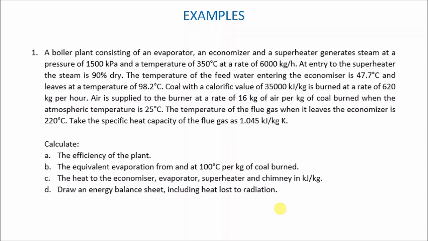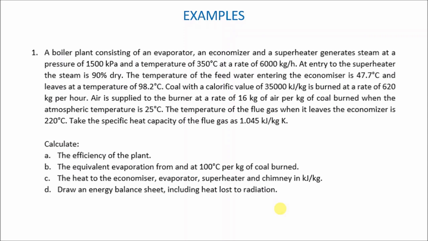So the pressure of 1,500 kilopascals is P4, and the temperature of 350 degrees Celsius is TSUP. In fact, if you go on your steam tables and check the saturation temperature for 1,500 kilopascals, you will find it to be lower than 350 degrees, which means that the state of this steam is already at a temperature that is higher than saturation temperature.